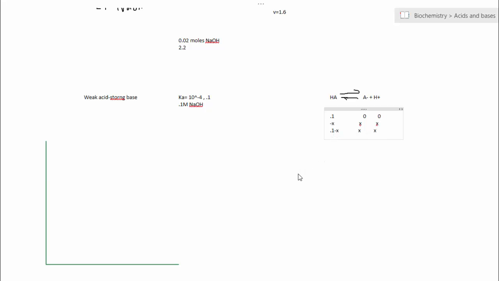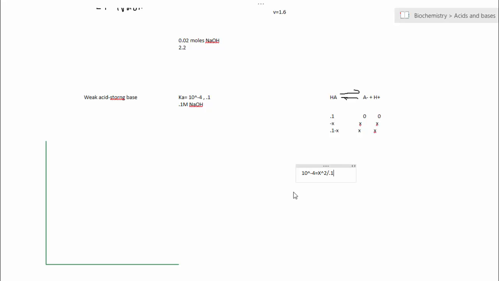So to calculate it, remember that the Ka equals the products over the reactants. So the Ka, which is 10 to the negative 4, will equal x squared divided by 0.1.